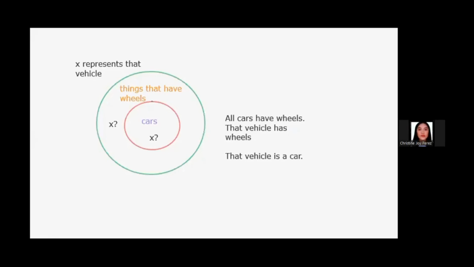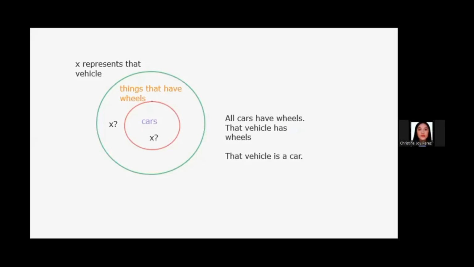Third, we have all cars have wheels. That vehicle has wheels, and that vehicle is a car. This diagram shows that vehicle. So X represents that vehicle.